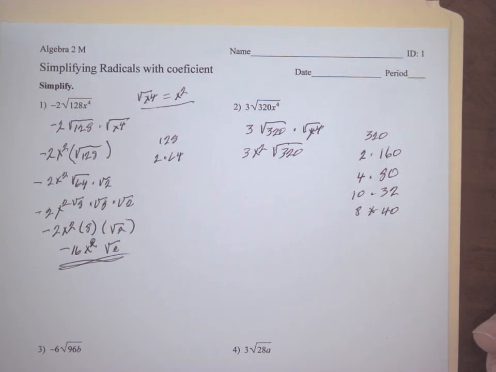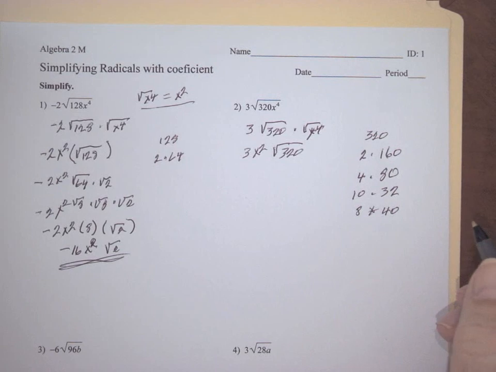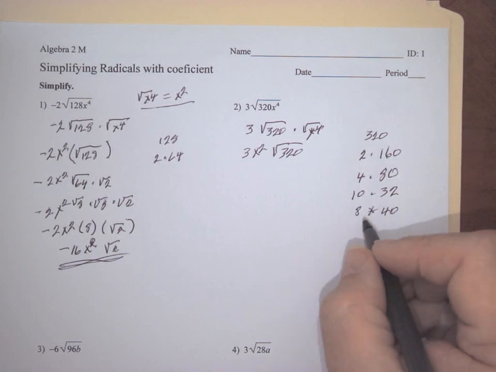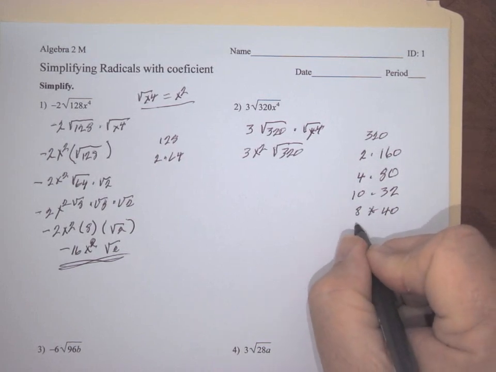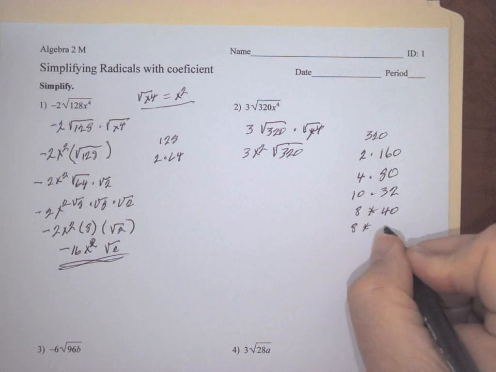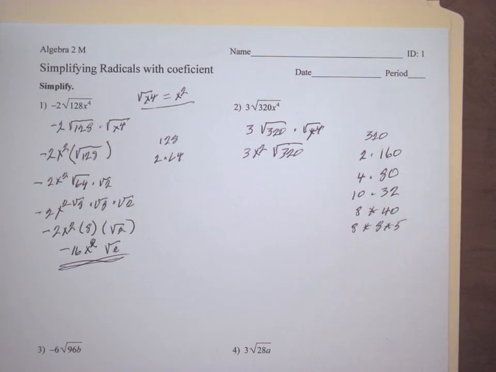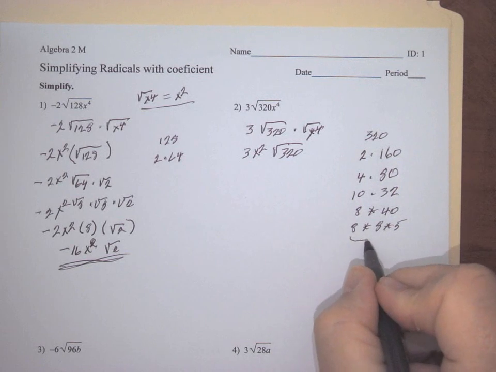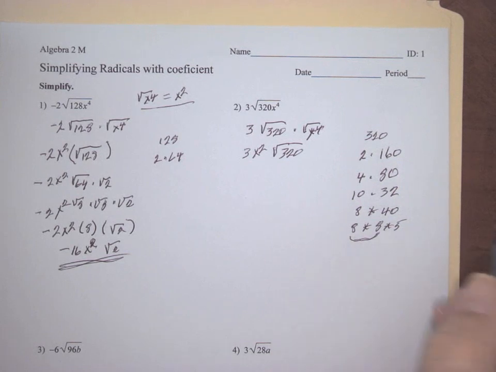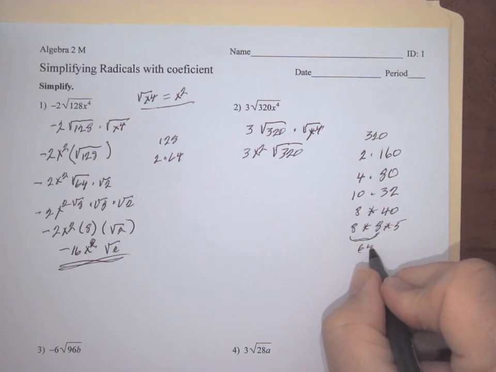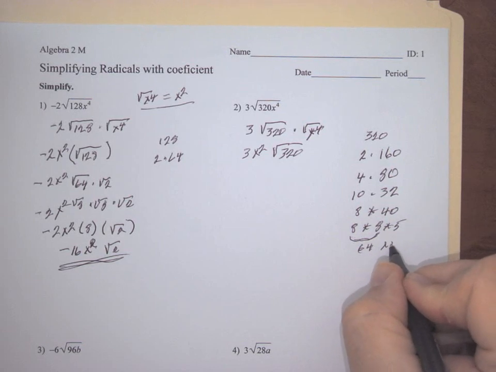Well, let's see what else we got here now. Well, we could say this is 8 times 8 times 5. Oh, okay. So now we got a factor here. 8 times 8 is 64 times 5.